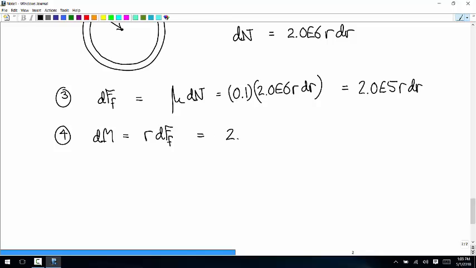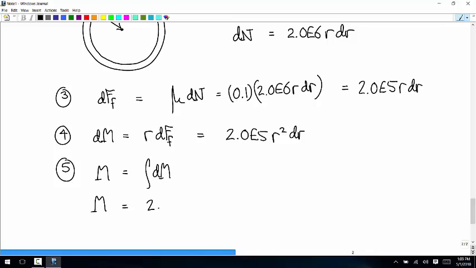And so that's 2.0 times 10 to the 5th times r squared dr. And now finally, the total moment is just the integral of these infinitesimal moments. So that's equal to, if you pull the constant out, 2.0 times 10 to the 5th times the integral of r squared dr.